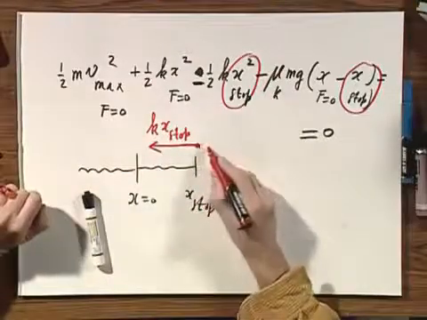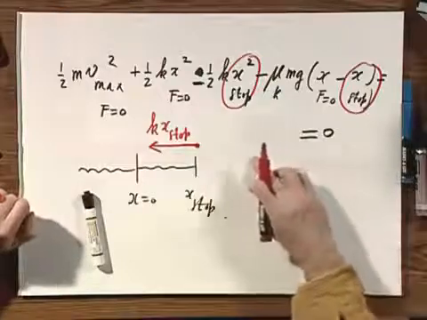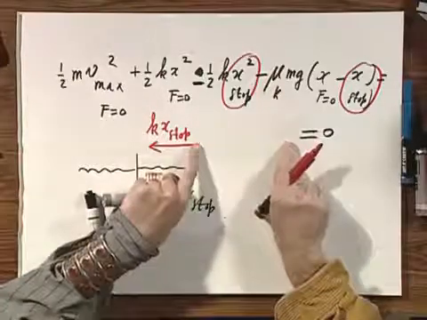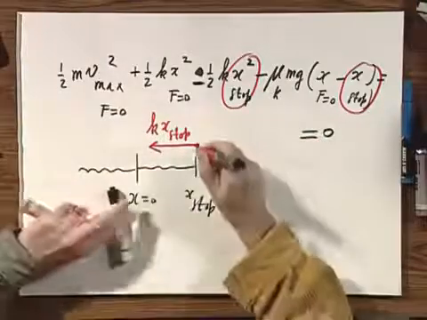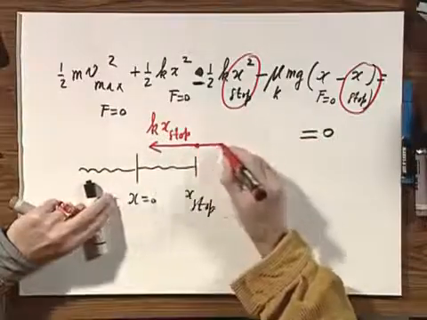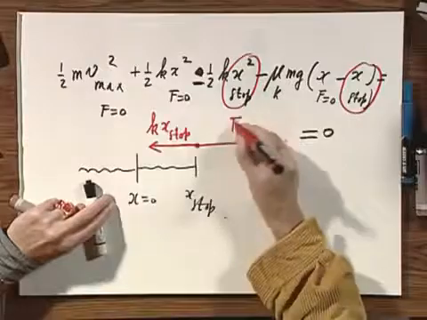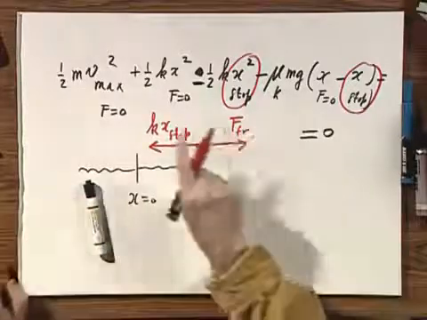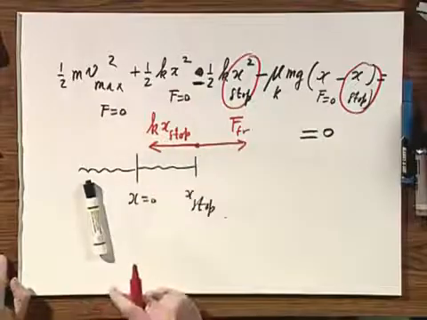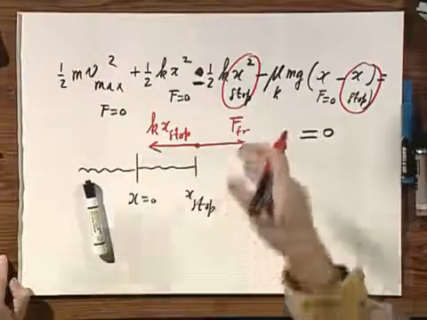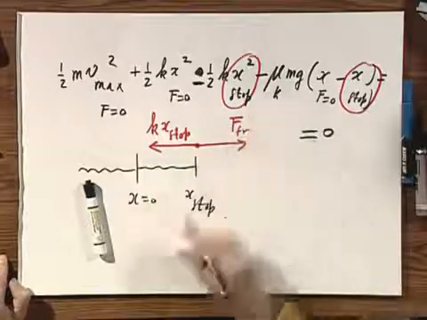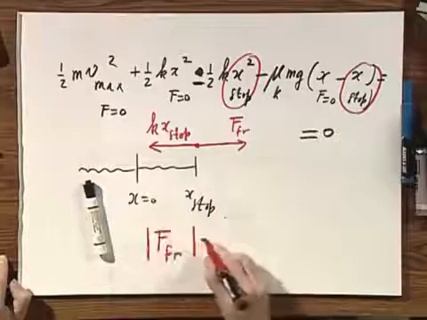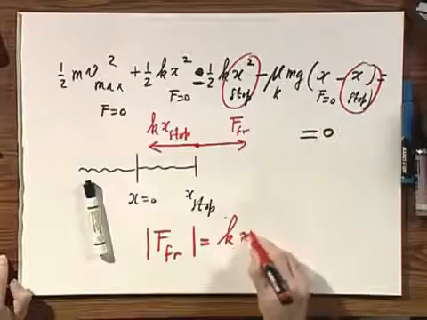The frictional force, as it was coming in and it was decelerating this object, was larger than the spring force. The moment, however, that it comes to the stop, instantaneously the frictional force will be exactly the spring force. So there is a sudden drop in the frictional force. And the frictional force becomes exactly k x stop.